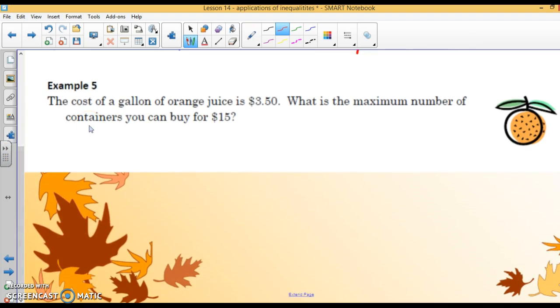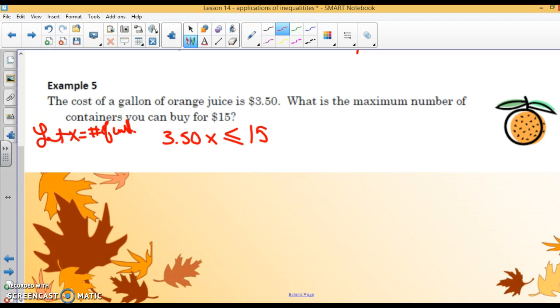The cost of a gallon of orange juice is $3.50. What is the maximum number of containers you can buy for $15? So we need 3.50x. So let x equal the number of containers. 3.50x has to be less than or equal to 15.